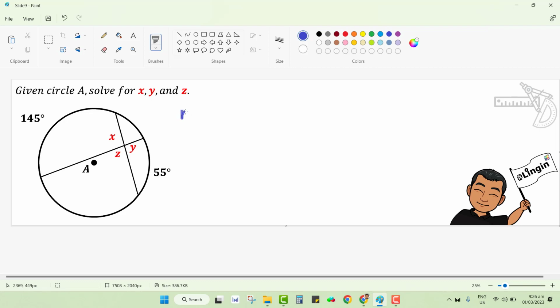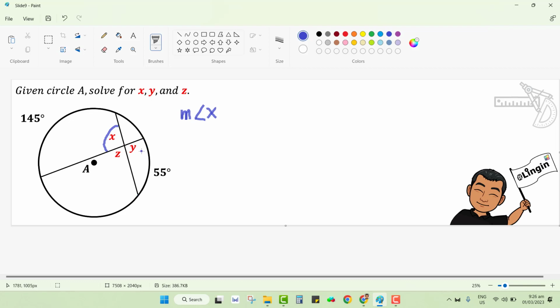Let's look into the measurement of angle x first. For any angle formed by two intersecting chords, the measurement of that angle, let's say x, is the average of its intercepted arc and the arc intercepted by its vertical angle.